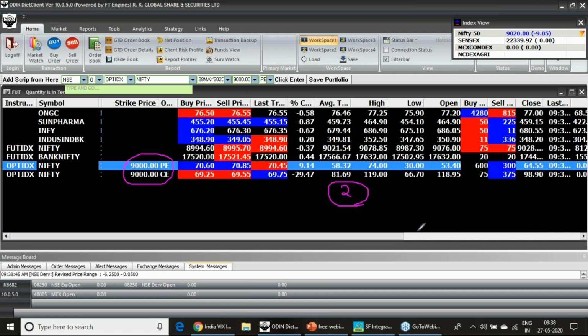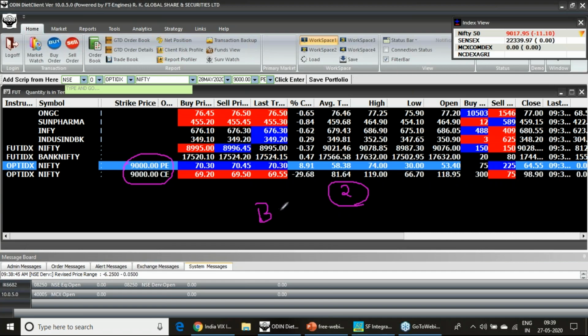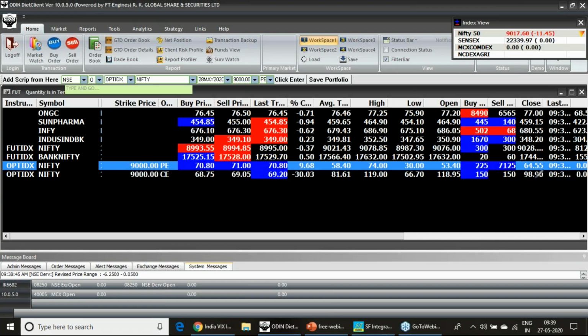So better, if you're an option buyer, you can think of shifting to the next month where the theta decay will be slightly lesser. So you have come to the 71 rupees range.